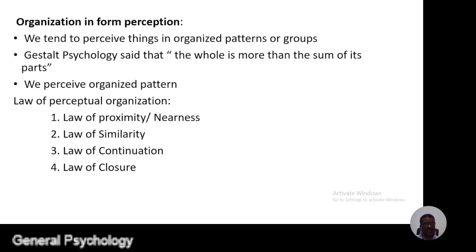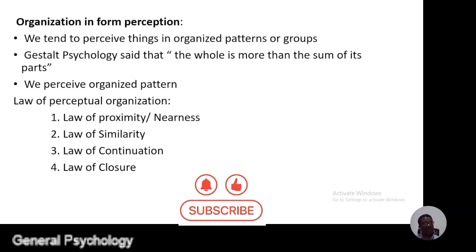The law of perceptual organization depends on the law of proximity or nearness. If things are near, we can easily understand their property or profile. The law of similarity: if there are similarities among the objects, we can easily understand their nature.